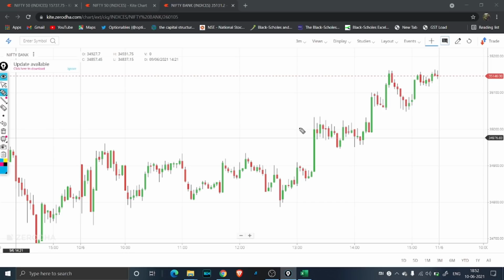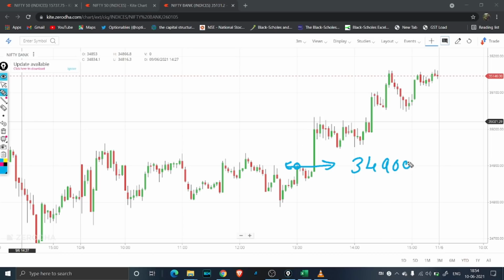Around 1 o'clock we end up shorting 34,900 calls and puts. As you can see here, not long after we shorted the option, there was a huge spike in Bank Nifty. We shorted 34,900 calls and puts around 110 and 110, and we had kept a stop loss for both of these at around 190 to 195.